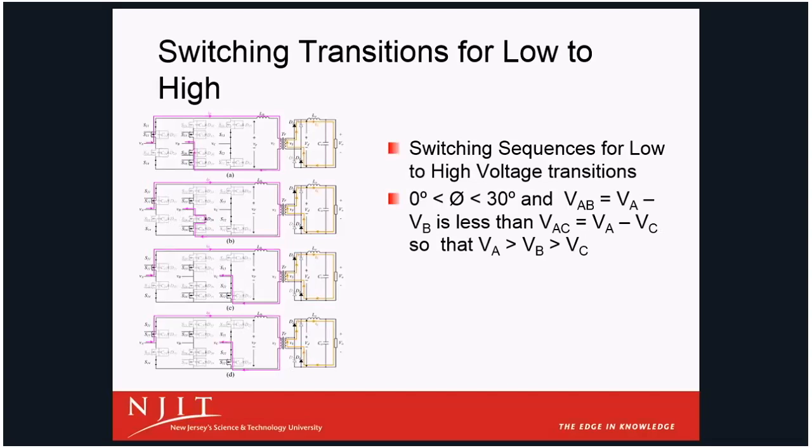And as I mentioned before, you don't want to short your VB and VC. So this step is just in preparation before you turn on switch 12. And then the next step here, as you see, is you turn on switch 12, and then the last step is you turn off switch 16 to complete the transition.